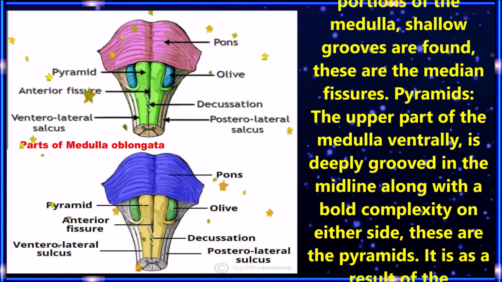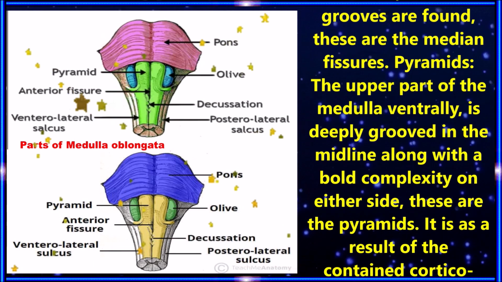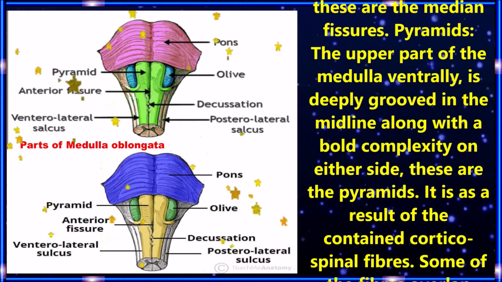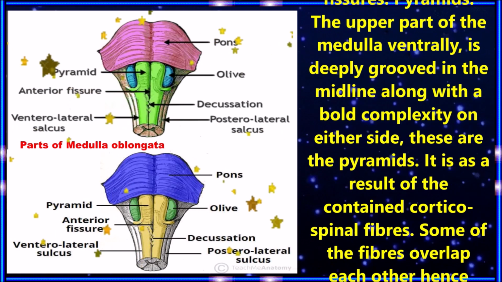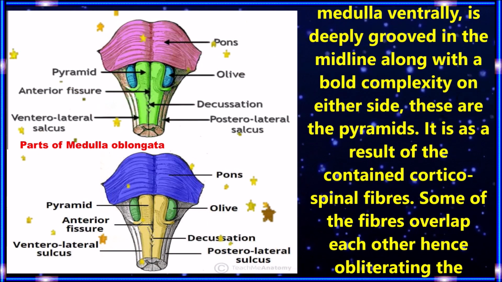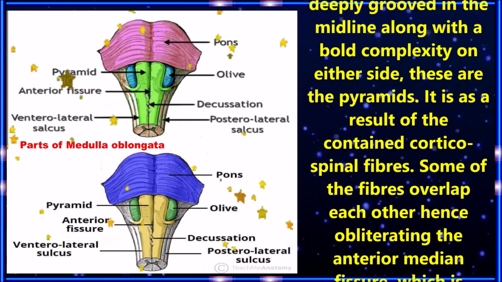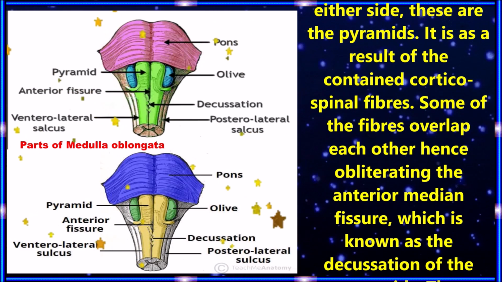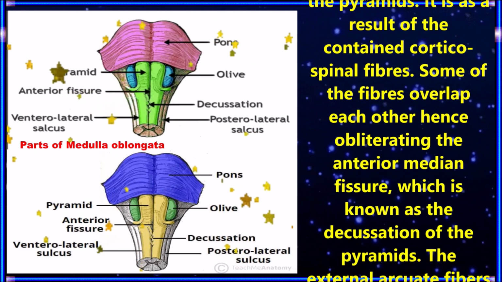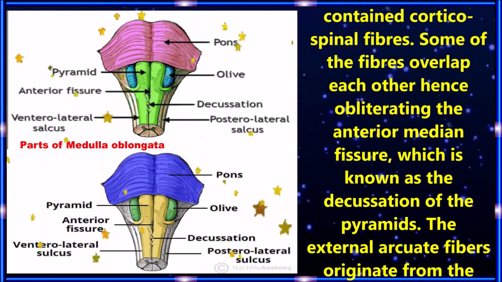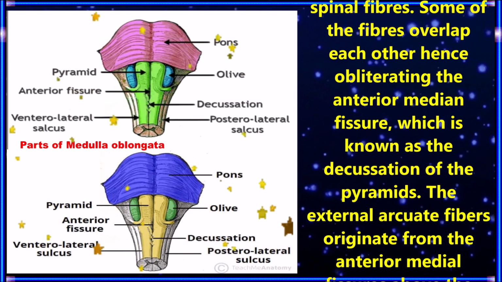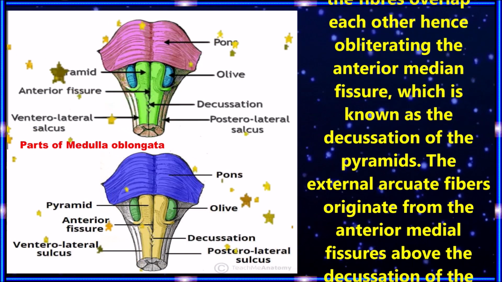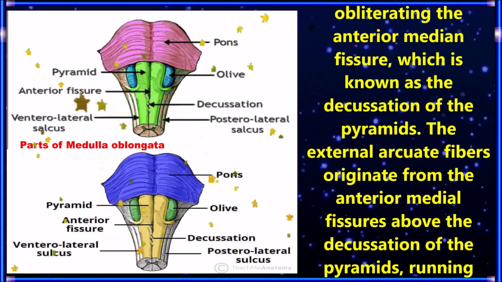Children, now let us discuss what the median fissures are. Along the posterior and anterior portions of the medulla, hollow grooves are found. These are the median fissures. Pyramids: the upper part of the medulla ventrally is deeply grooved in the midline, with a bold prominence on either side. These are pyramids. They result from containing corticospinal fibers.